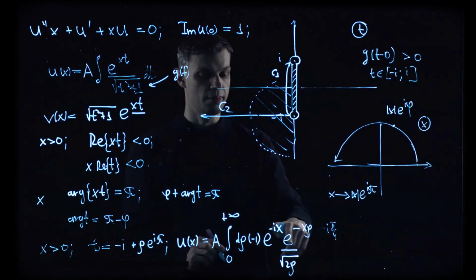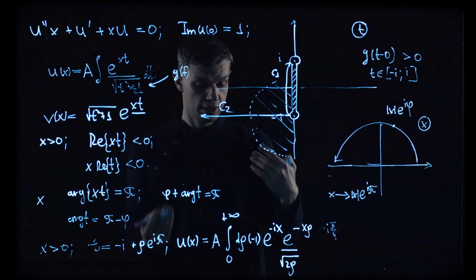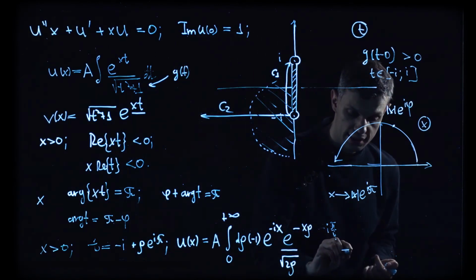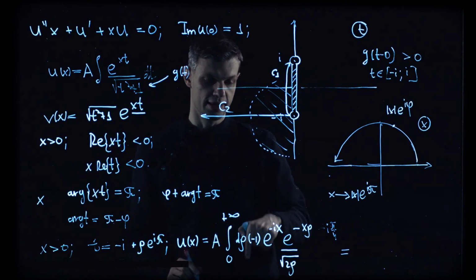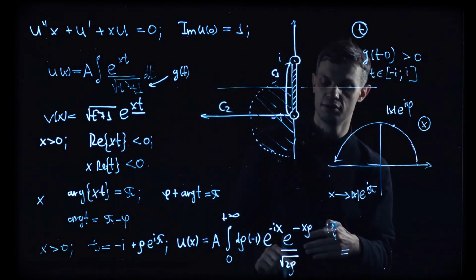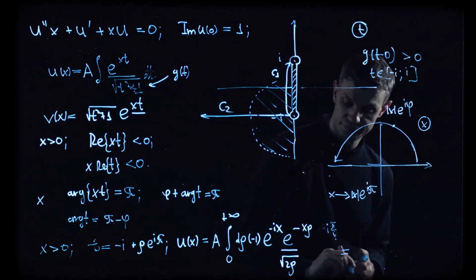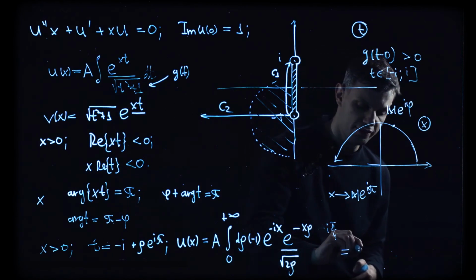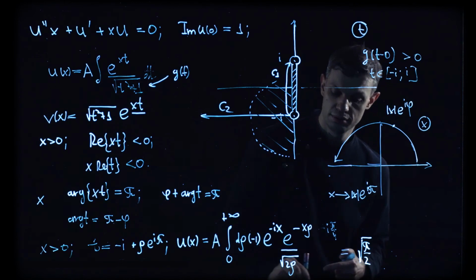As you remember, this integral gives you a simple gamma function. And here is our answer. The integral gives you the gamma function of 1/2, which is the square root of pi. So we have here factor 2, so the square root of pi by 2.